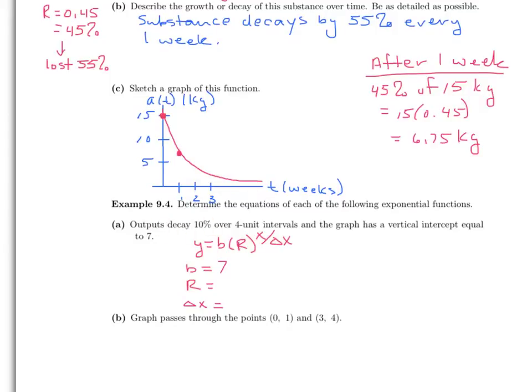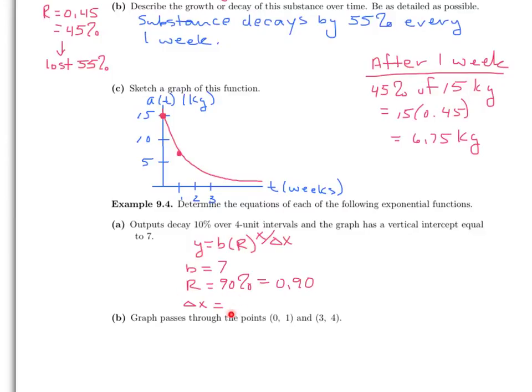Remember that the decay factor is the percentage that's remaining, not the percentage that was lost. So if the outputs have decayed by 10%, that means we've lost 10%, which means we have 90% remaining. So the decay factor would be 0.90.